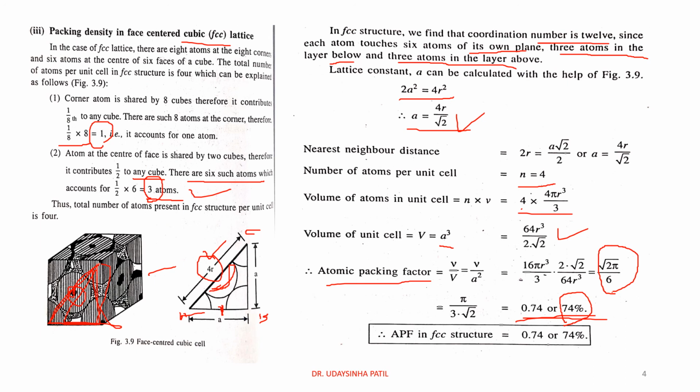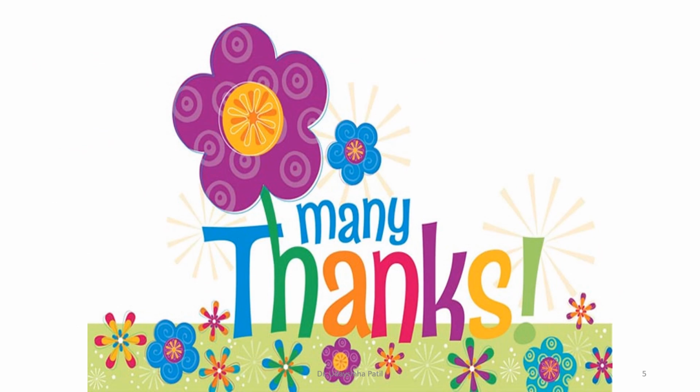Therefore the atomic packing factor in FCC structure is 0.74 or 74%. Okay, you get the idea of the atomic packing factor of the BCC lattice and FCC lattice.